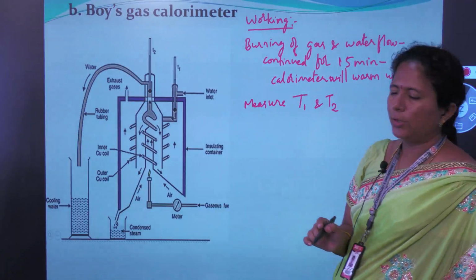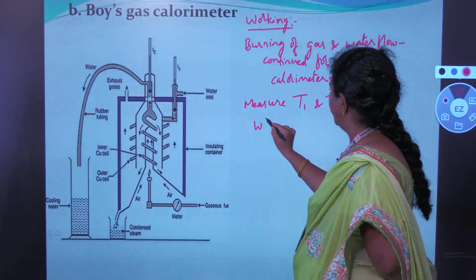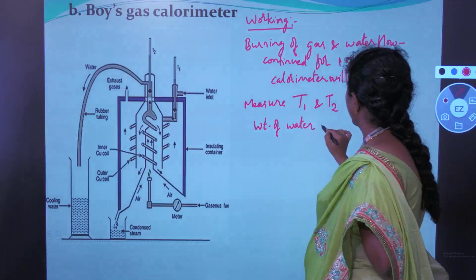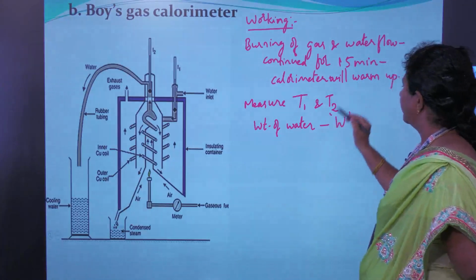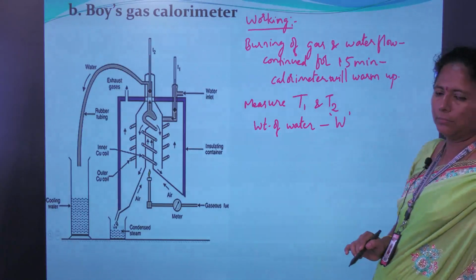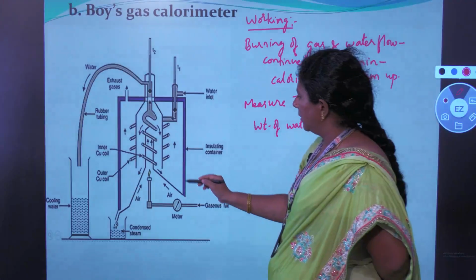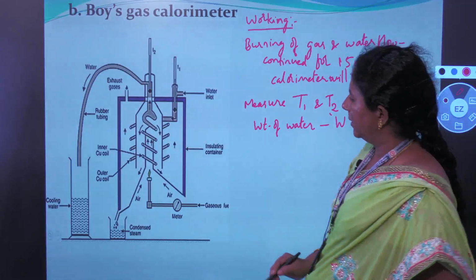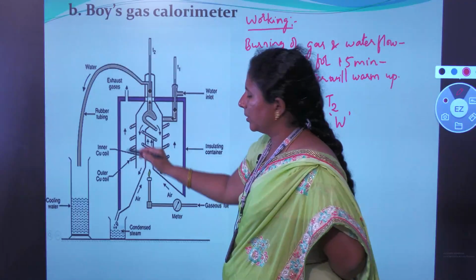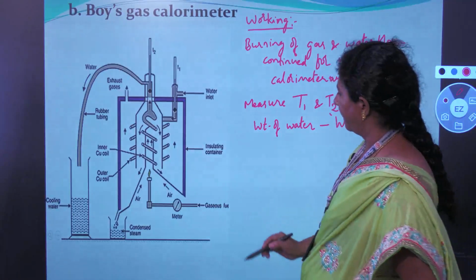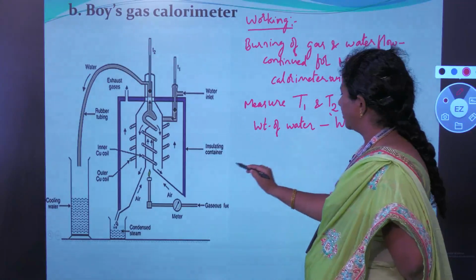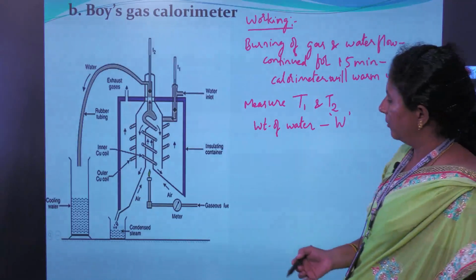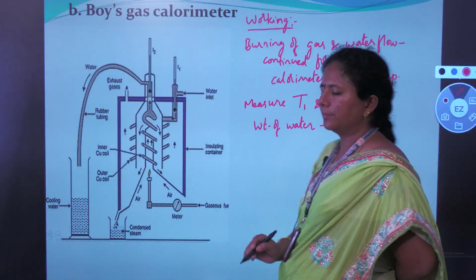At the same time, we have to record the weight of water collected during this time and the amount of steam that is being condensed by passing through the cooling system, and that weight should also be measured for determining the LCV.